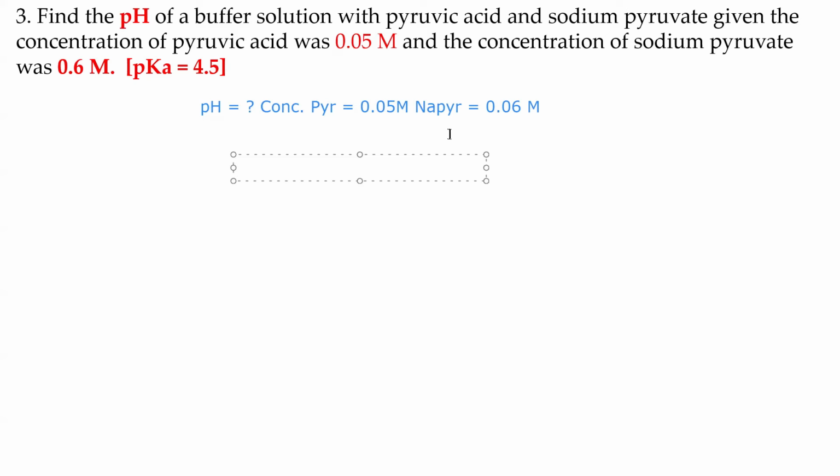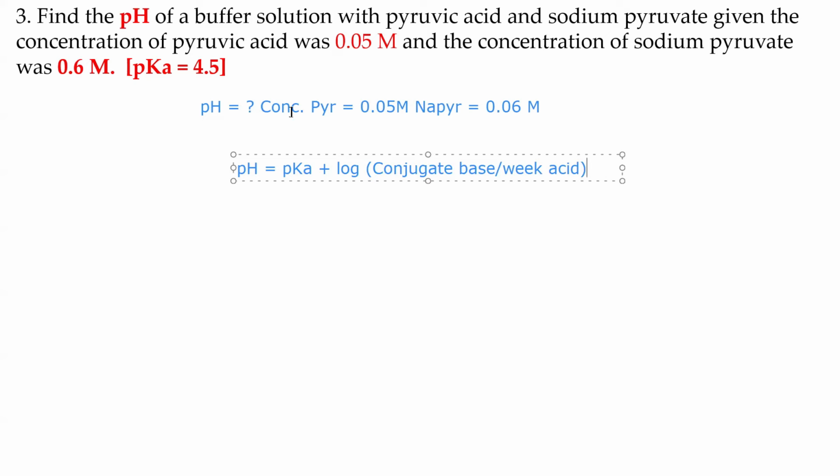So we are going to use the formula that says pH is equal to pKa plus log of the conjugate base divided by the weak acid.